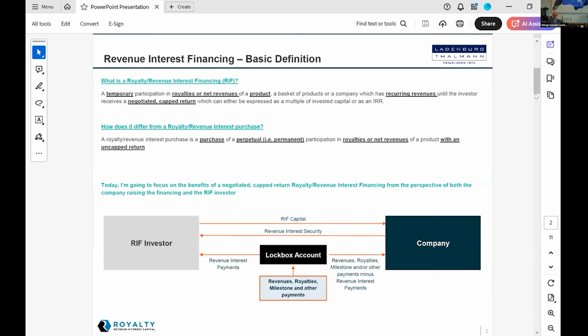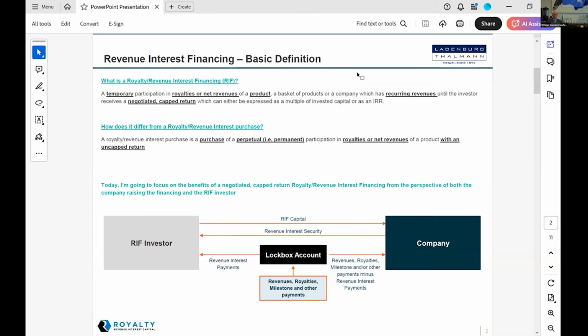So first, some basic definitions. What is a royalty or revenue interest financing? It's basically an investor who receives a temporary participation in royalties or revenues of either one product or a basket of products, or all the revenues of a company that has a recurring revenue model.